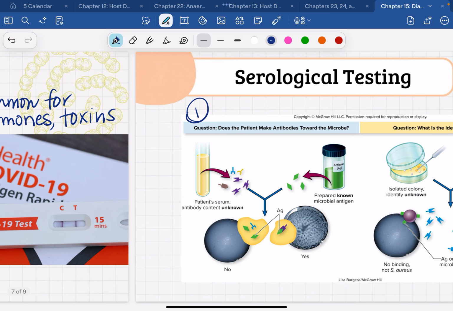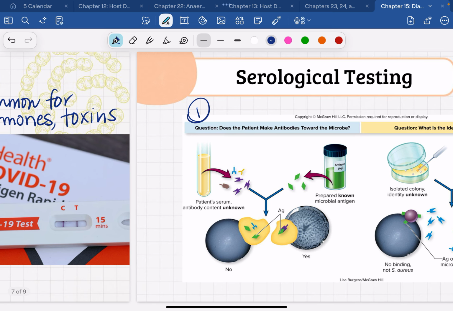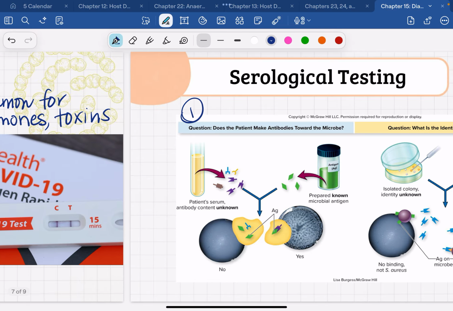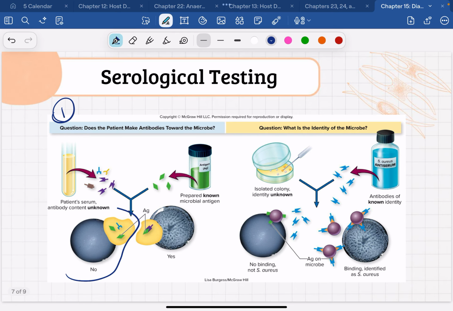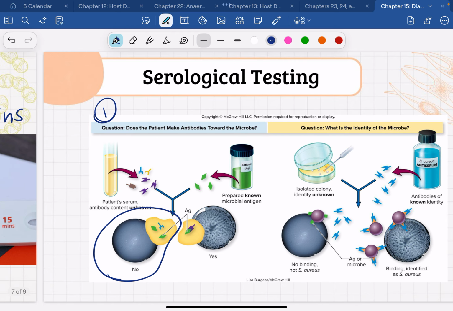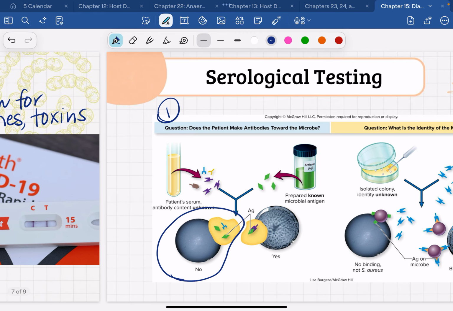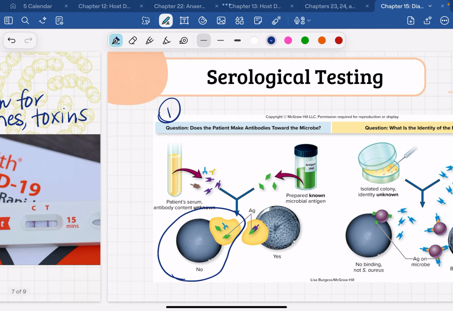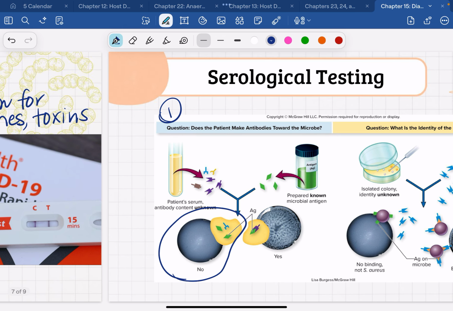and see if you have clumping. In a case where that person doesn't have the antibody, right, over here, they don't have that specific antibody that binds that specific antigen. So in that case, there's no antibody-antigen pair, and there will be no agglutination. So it'll just look clear.